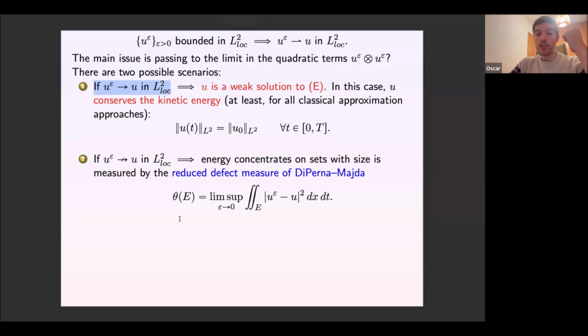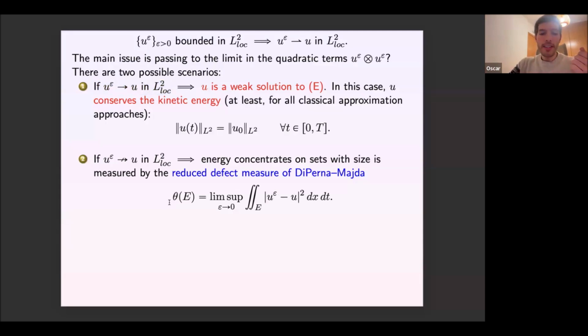So here you see the definition of this function theta defined on all Borel sets in R2, like the error of approximation in the L2 metric of the approximating family with respect to the candidate to be the weak solution.